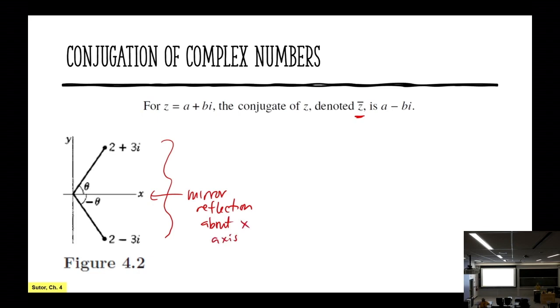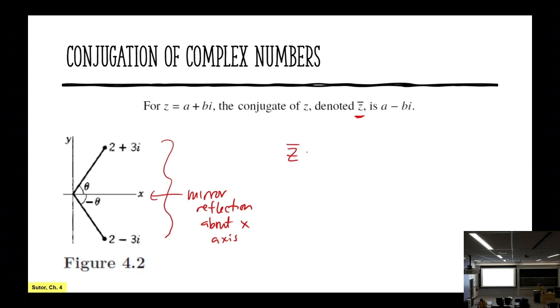So we say that 2 plus 3i is the conjugate of 2 minus 3i, and 2 minus 3i is the conjugate of 2 plus 3i. In polar form, we can write these conjugate pairs out as well.